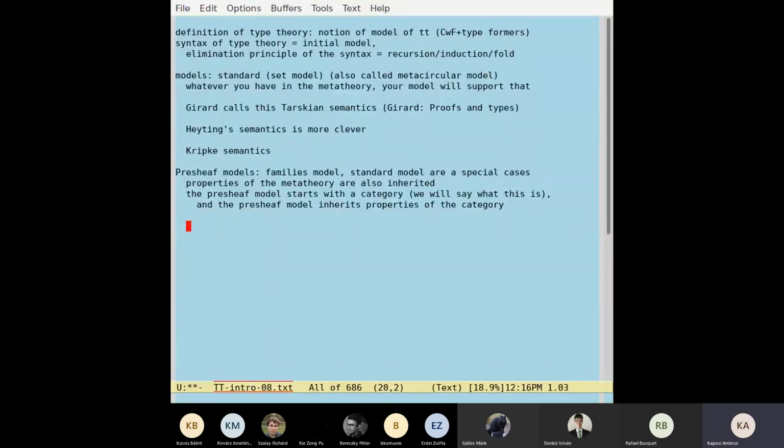This is also the same idea as forcing for models of set theory. For type theory, some people also call it forcing, or the forcing translation. These are just synonyms for simply presheaf models, the same idea.